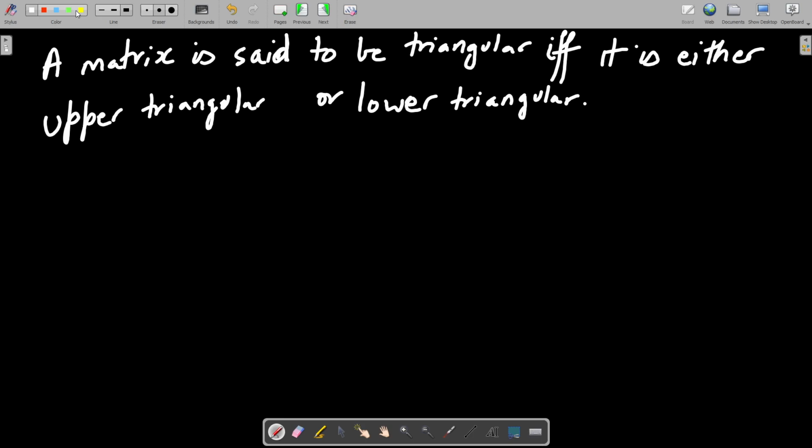So triangular means it's either upper triangular or lower triangular. There is a triangle inside the matrix basically.